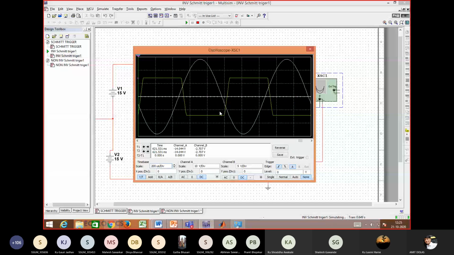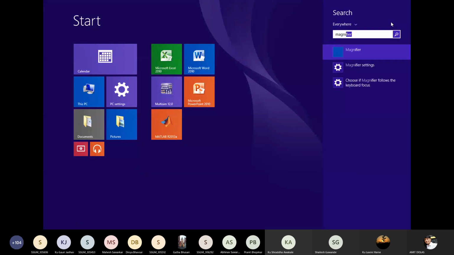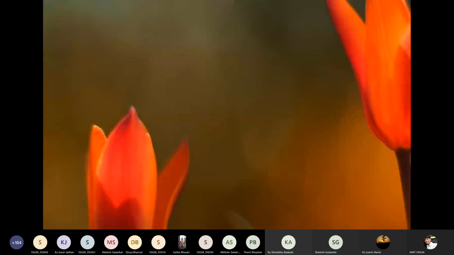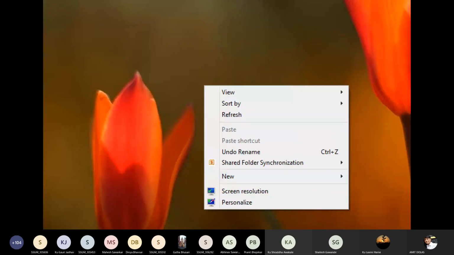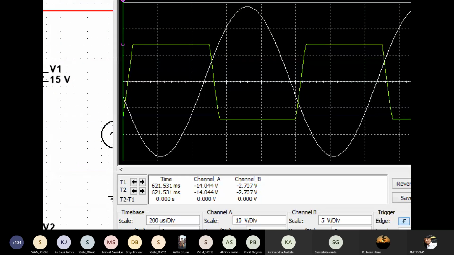So here you can see the upper threshold level is here. Wherever above the zero line your sinusoidal waveform and the square waveform are crossing, that is the upper threshold level. I marked it here with the cursor. So here I have magnified it.